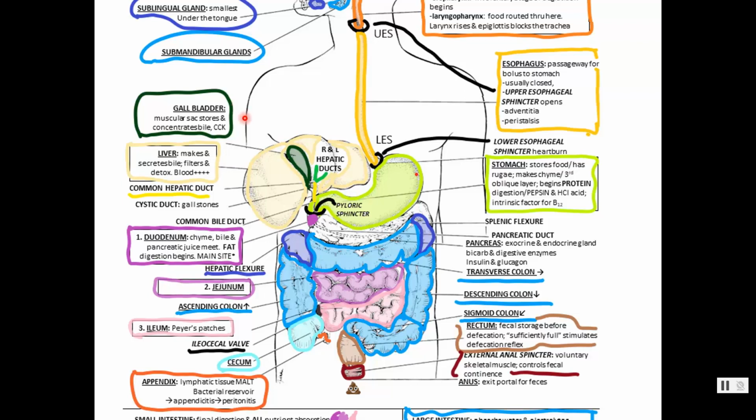When you eat a meal that's high in protein and fat, there's a release of cholecystokinin, CCK, from the cells in the duodenum. So intestinal cells, those enteroendocrine cells, release cholecystokinin. That name tells you what it's going to do. Chol means bile, cyst means sac, and kinin means to move.